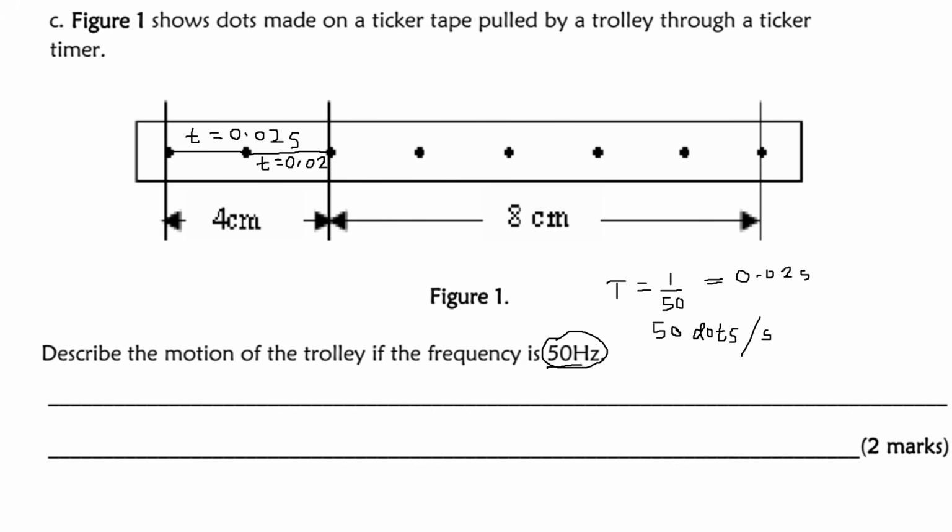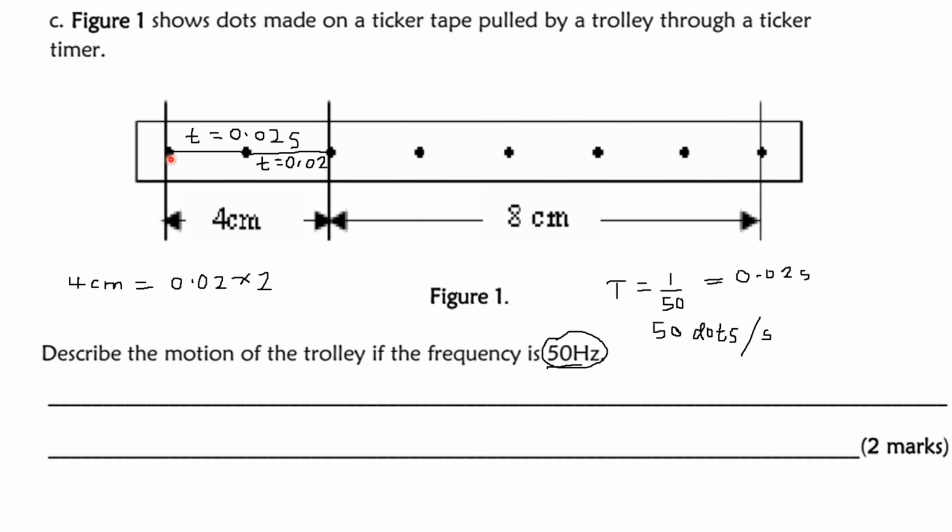Therefore, for the distance of 4 centimeters, the time taken will be 0.02 multiplied by 2, because there are two intervals here. You need to understand this very well.